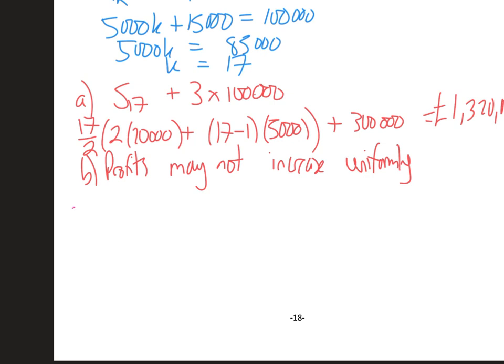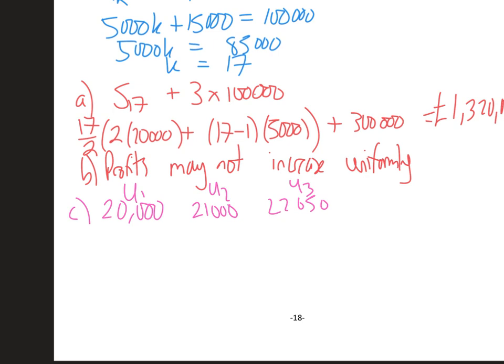If it's 5%, the first year will be 20,000. Second year, I'll do 5% of that, so times it by 1.05, I'll get 21,000. And then the next term will be 22,050, etc.